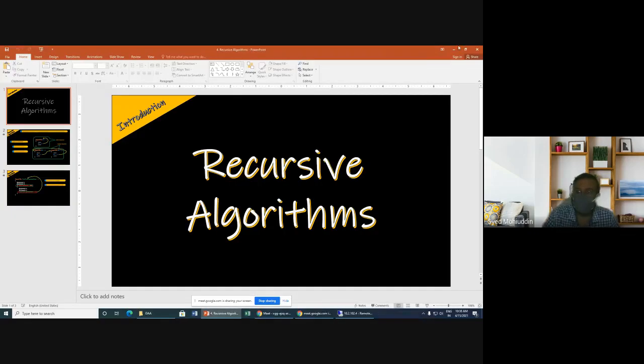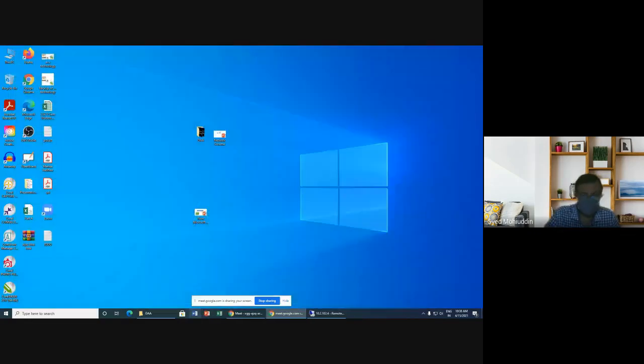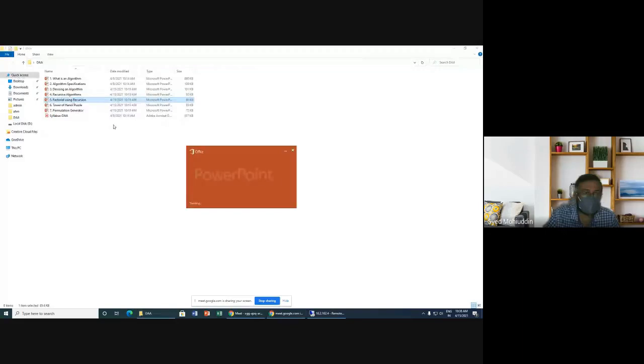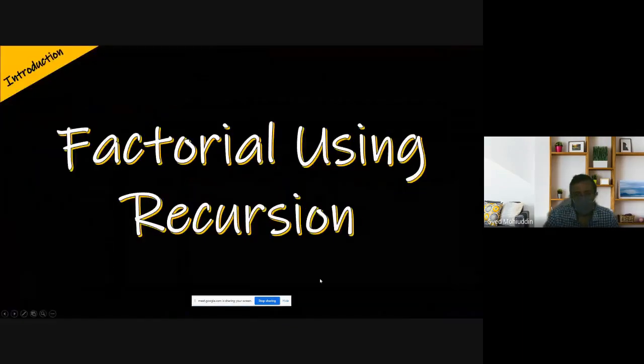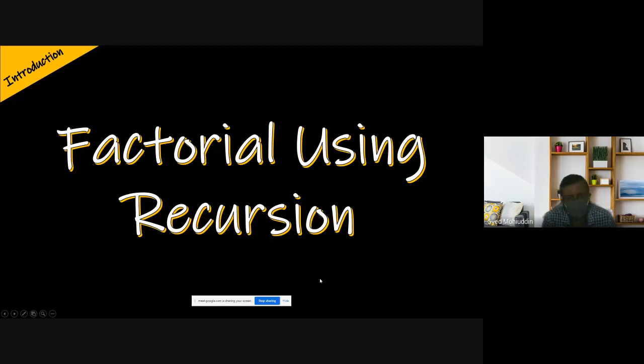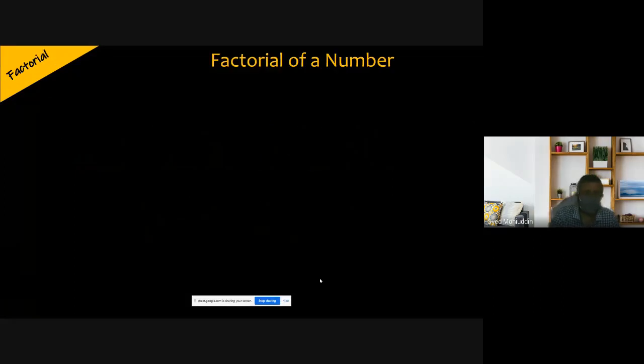Now let us look at a classical example of recursion, that is factorial. It is not that recursion can be applied only to factorial. Factorial is just a simple way to understand the logic of how recursion works.